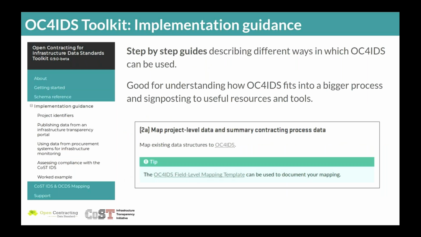And in terms of implementing the schema, we also have some step-by-step guides for reference. Again, I think I've sent links to some of these documents to many of you. The field level mapping template can be really useful for people who have different sources of data, who want to understand how they can create OC4IDS data out of their various sources of data.